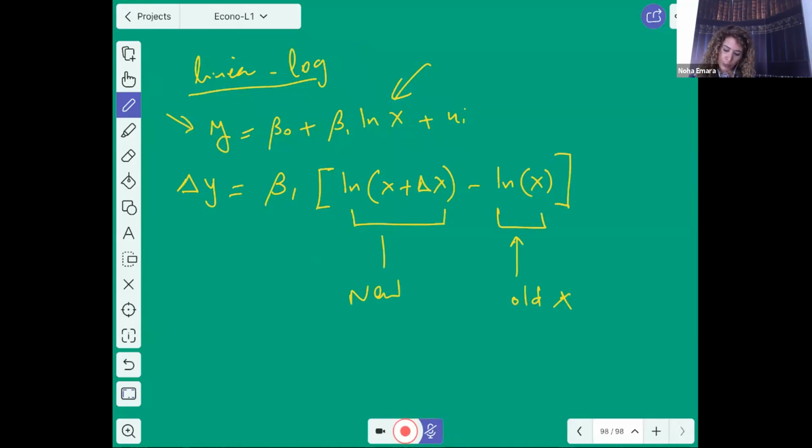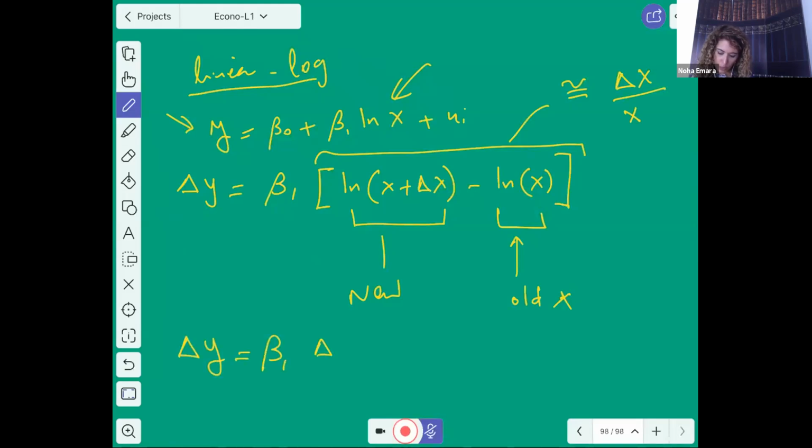So this part can always be approximated; I can remove this whole thing, which looks complicated. I can say it's approximately equal to the change of x over x, and I'm going to prove that next week. So I can rewrite this as beta 1 times the change of x over x. In other words, this is the fraction, right?